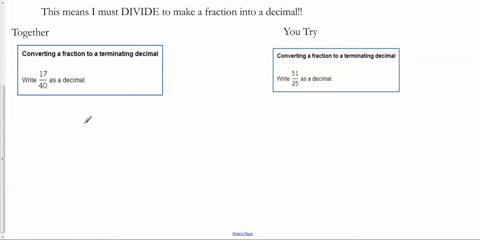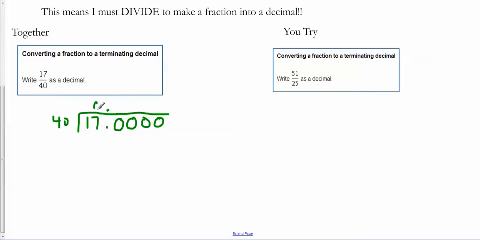So here I have 17 divided by 40. Now when I'm making fractions into decimals, my rule of thumb is always put 4 zeros. Because after 4 zeros, I can tell if it stops, if it repeats, or if it goes on forever and ever and ever. Now, just to double check, 17/40 is less than 1.